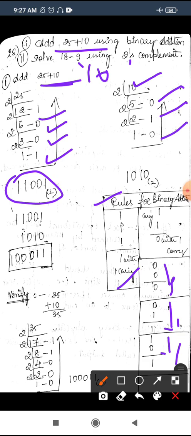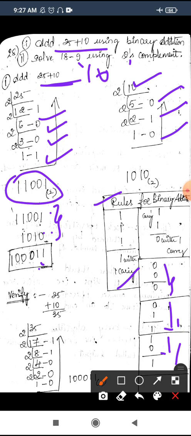So you have to note this down. After doing this, you write them in corresponding order and perform the binary addition. You can see 1, 0 is there, the answer will be 1. 0, 1 is there, the answer will be 1. 0, 0 is there, both zeros.